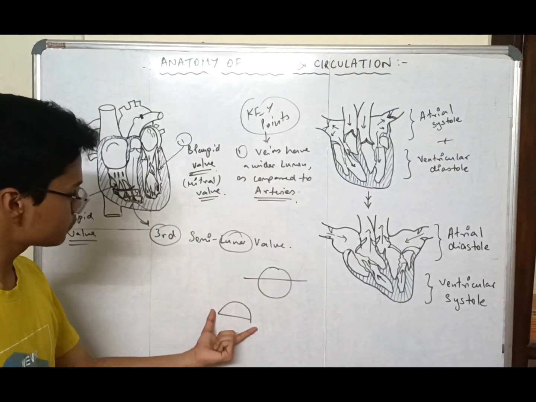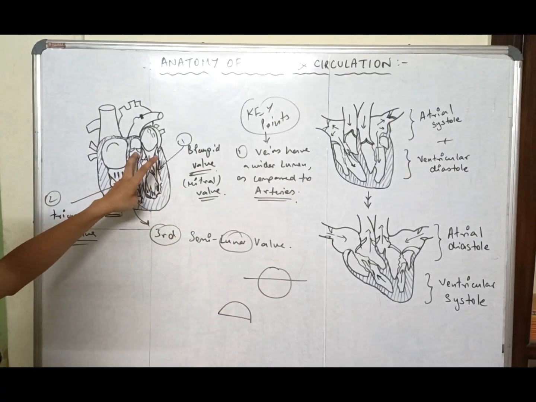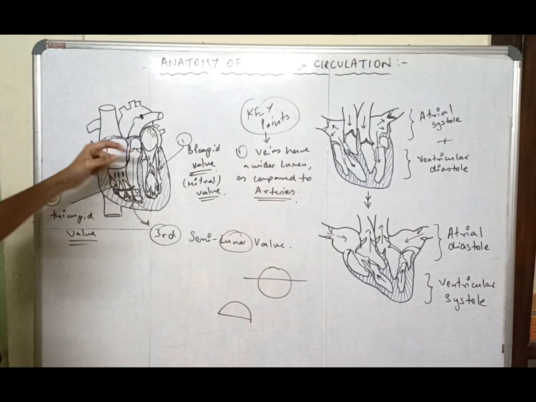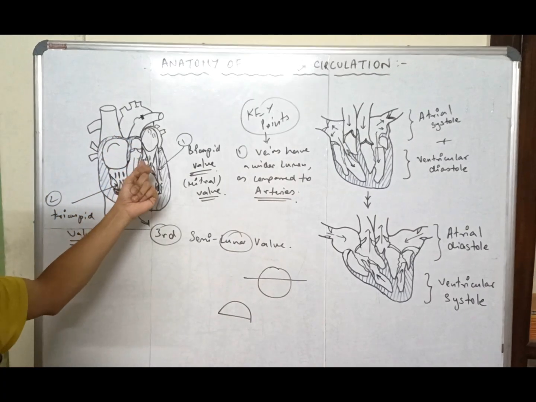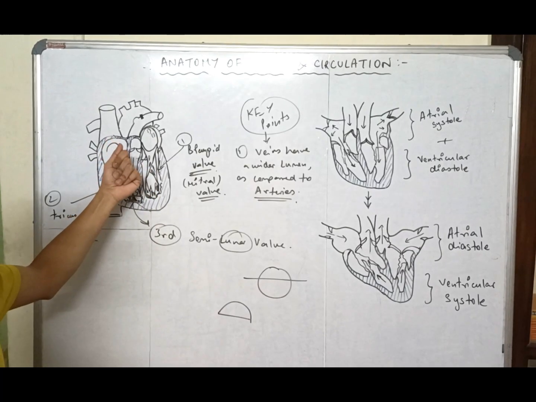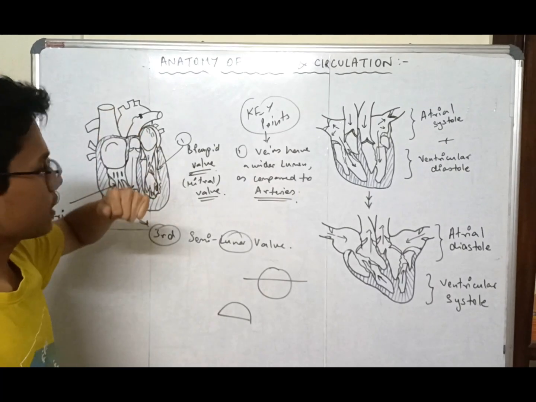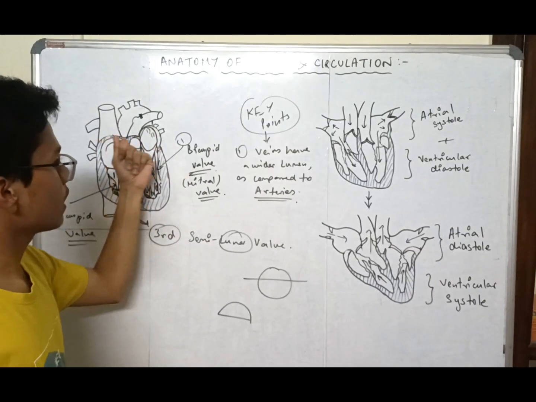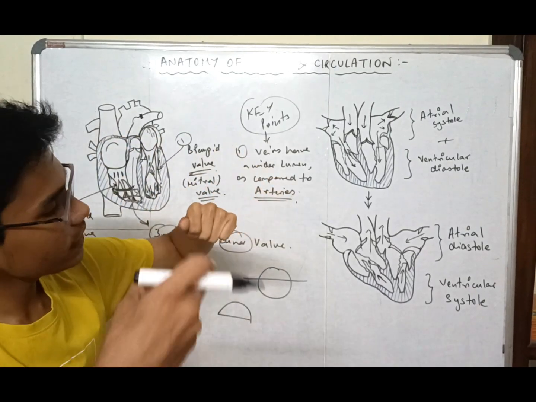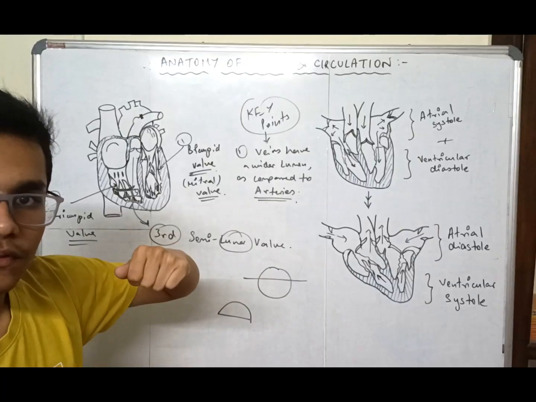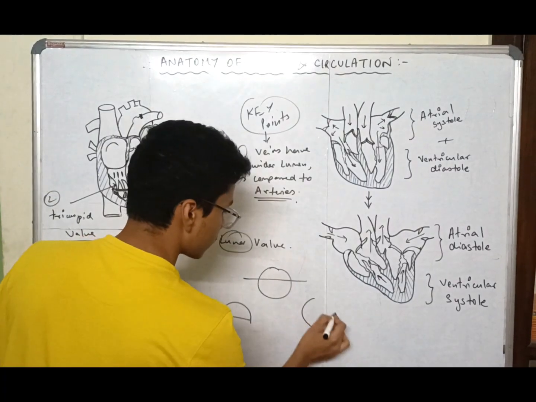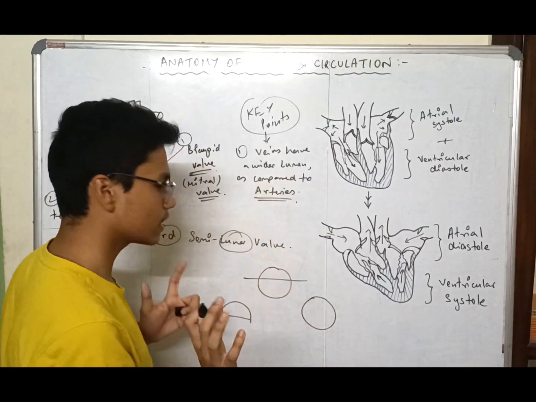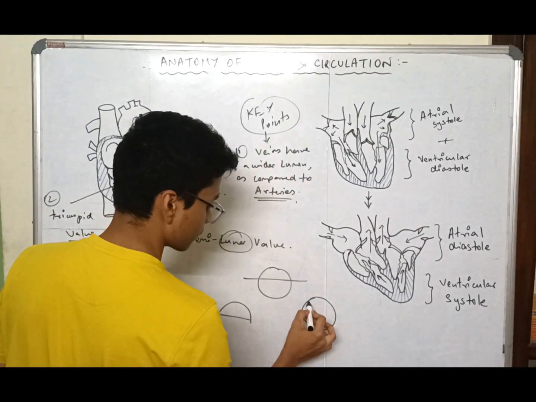Now, this rough structure is present over here. Imagine that this is the heart. If I rotate this heart towards yourself, then you will be viewing it from the top to bottom view. If you watch this valve, it will resemble this kind of a valve.